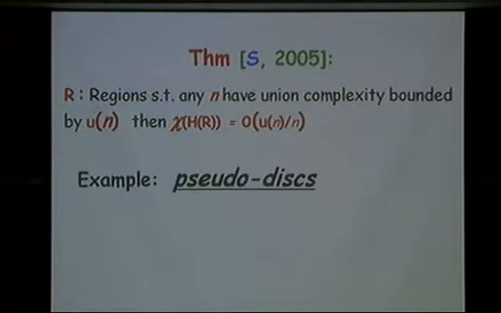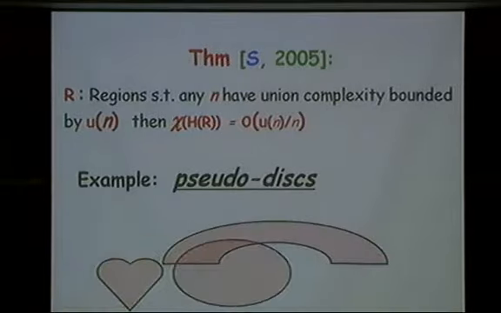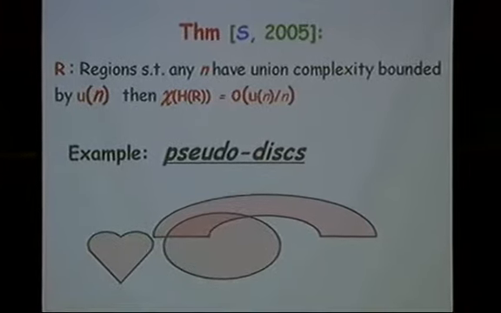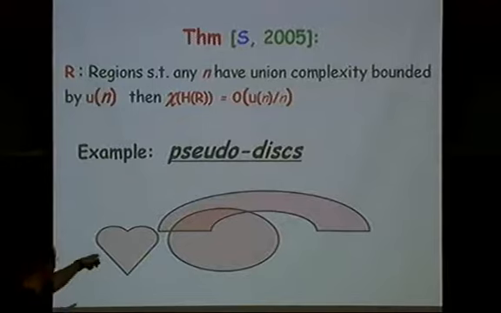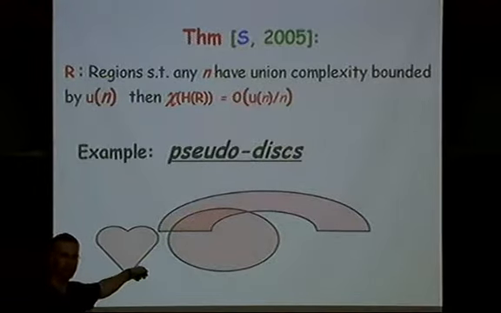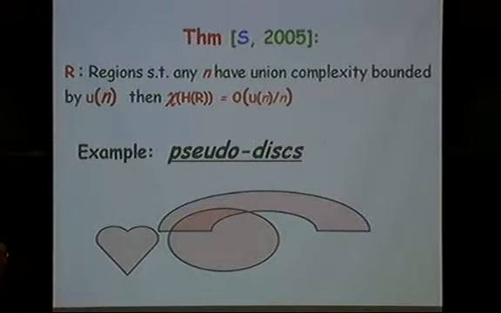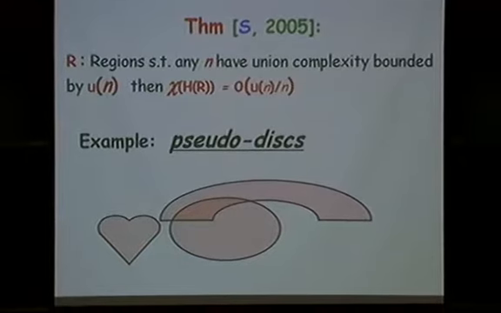For example, there is a well-known result about pseudodisks, and let me remind you that being pseudodisks is a property of a family, not a property of a shape. These guys behave like pseudodisks because every pair of them intersects in at most 2 points.